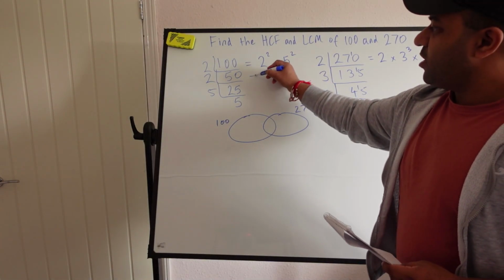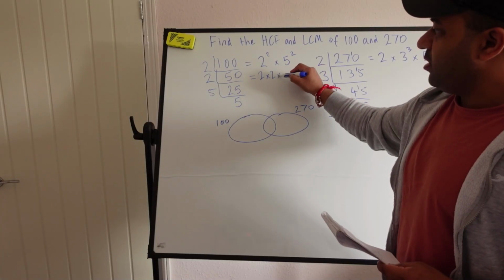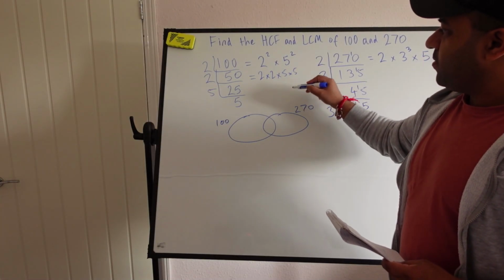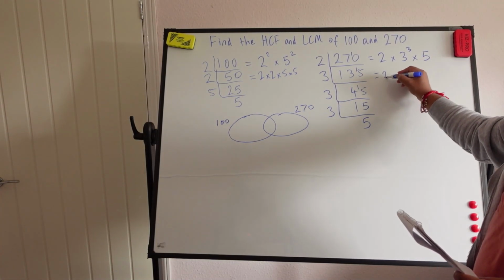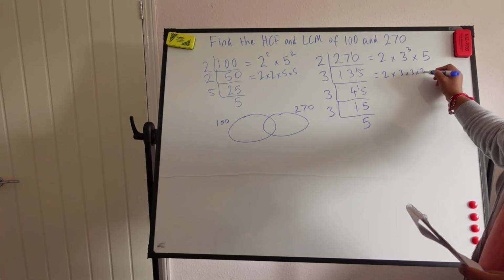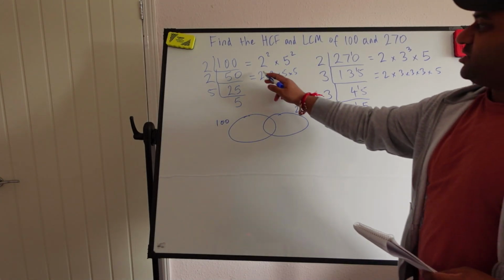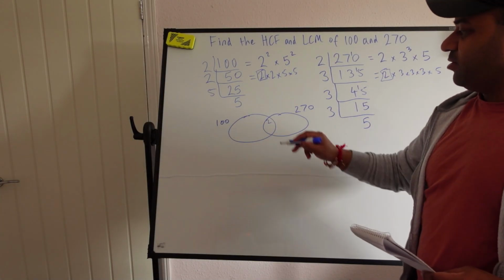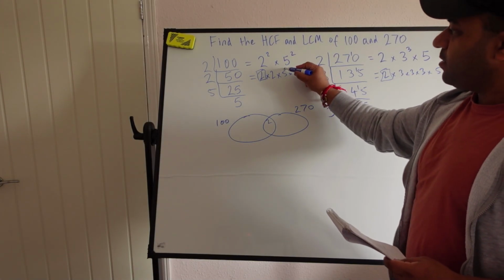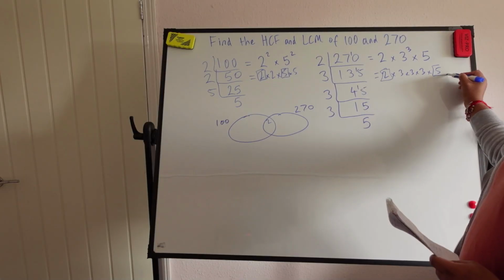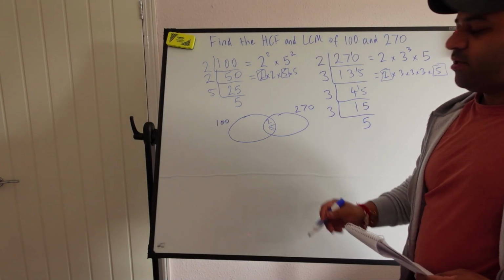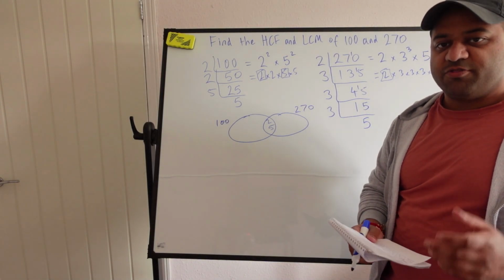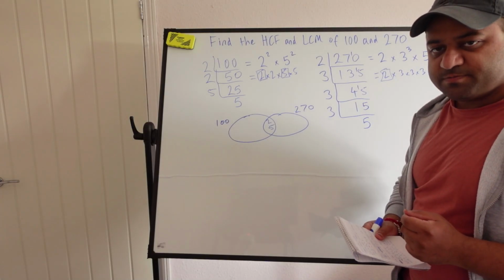So if I write this in full, and this one in full, we can see that they both share a number 2, and they both share the number 5. So that's what we'll write down in the overlap.